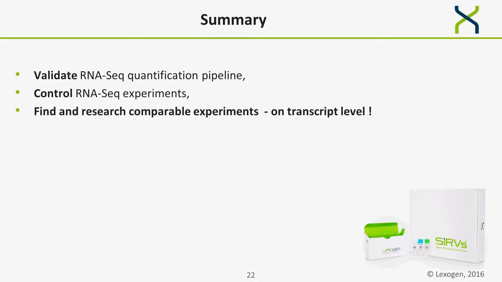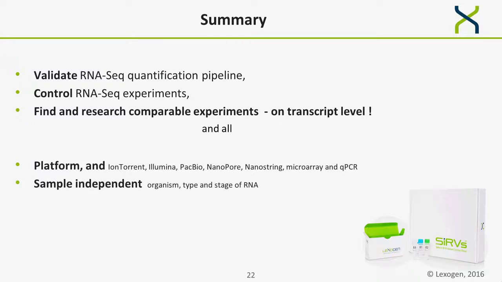They allow you to control individual experiments, and if it is good or bad, you search for other data sets you can compare yours best to. So this allows you to find and then research comparable experiments, and all this on a transcript level. SIRVs are platform and sample independent.